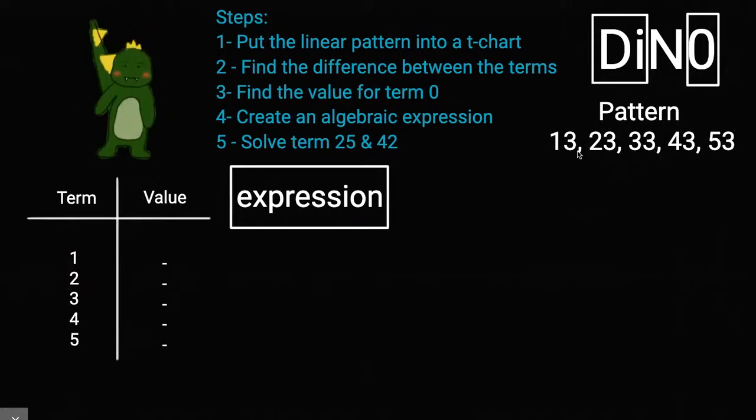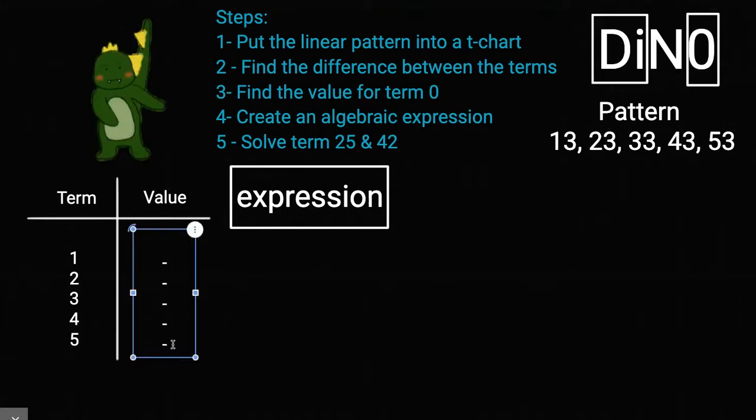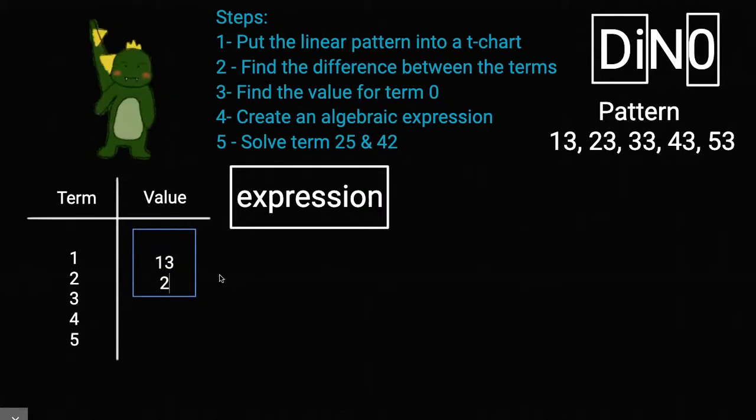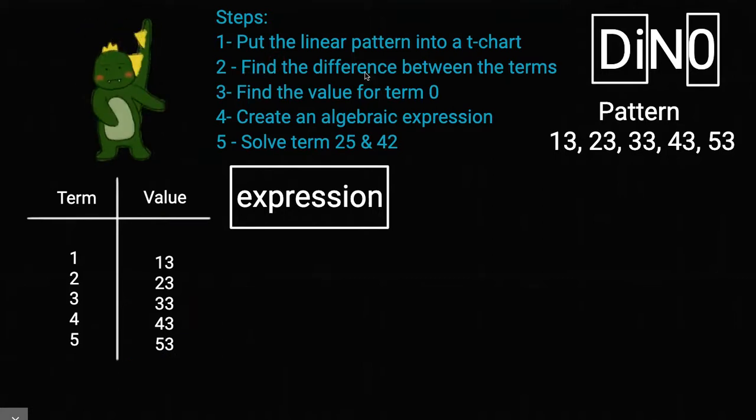This time my pattern is 13, 23, 33, 43, 53. Again, you are going to create your T-chart. Then I will go ahead and replace these numbers: 13, 23, 33, 43, 53. Step 1, find the difference between the terms.